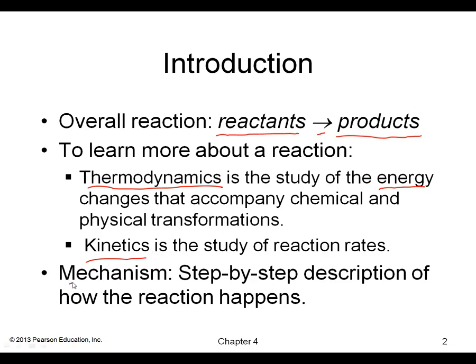The mechanism, remember, is the step-by-step description of how a reaction happens. Okay? Or what I like to refer to is that it is the logic of the reaction. And the key thing that we use to show the logic of the reaction are these arrows that will designate electron movement.